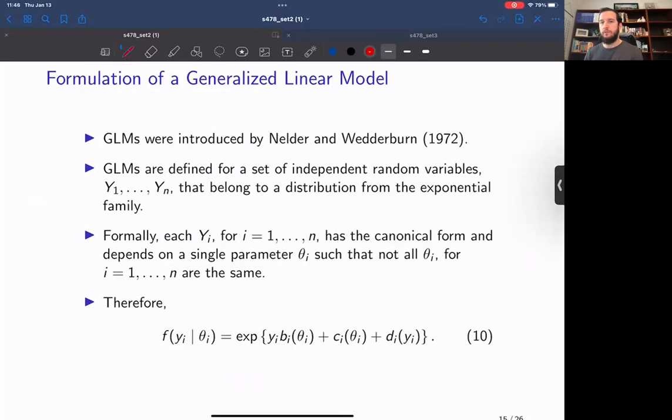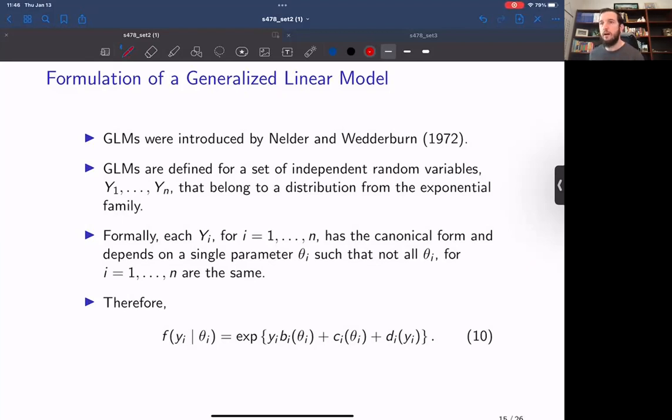So GLMs are defined for a set of independent random variables. So we still have the independence assumption that we would have had on the regular linear model as well. And this makes sense because, again, the standard linear model is a special case of a GLM. So an assumption like independence is not all of a sudden going to not come into play.